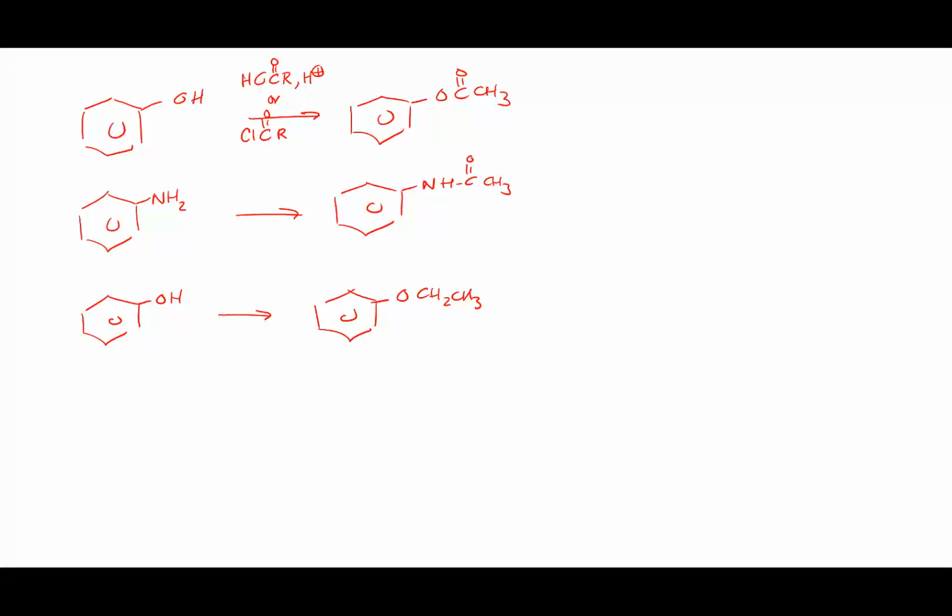And either one of those would make the ester. We could use an acid chloride for the amide, so reacting an amine with an acid chloride is probably the easiest way to make an amide. And then I left it for you to ponder how we would make an ether.